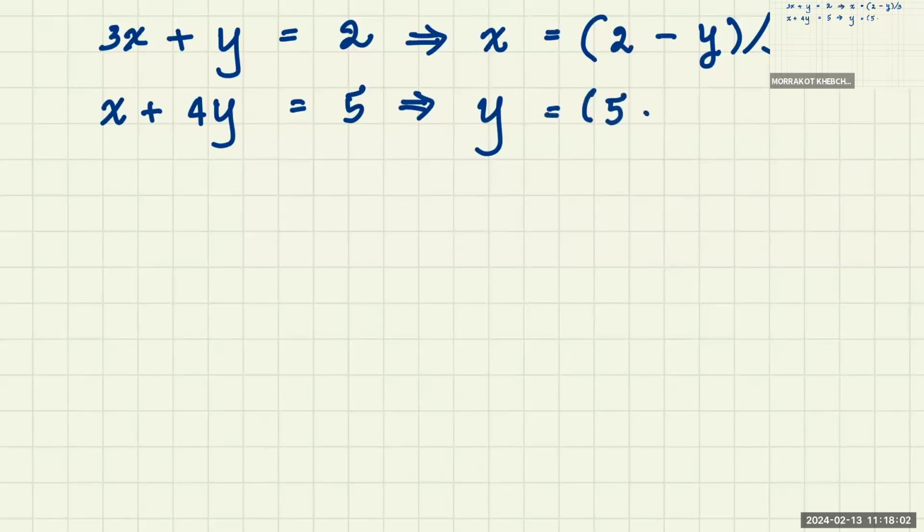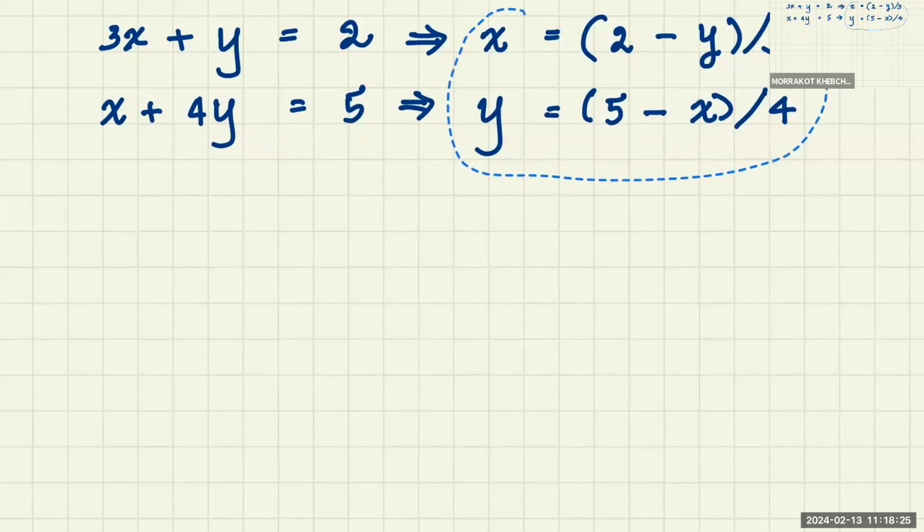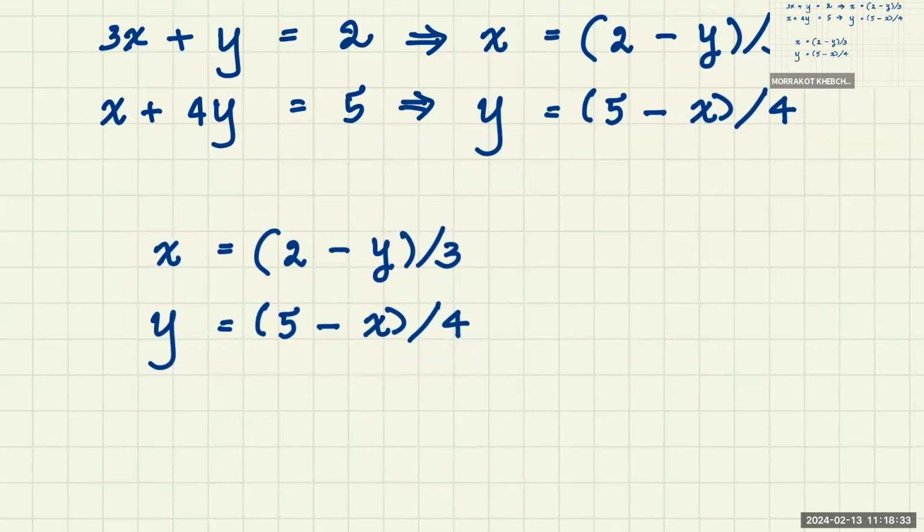I have y equal to 5 minus x, divided by 4. Okay? I just simply write the system so that x, y are on the left hand side, and the right hand side also has the variables x and y. Okay? What I want to do is I will just say, okay, I guess and plug in something here, I say initial guess.